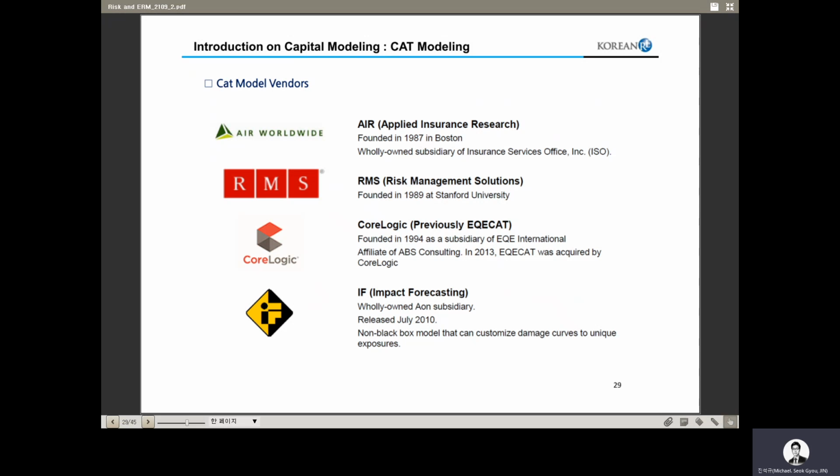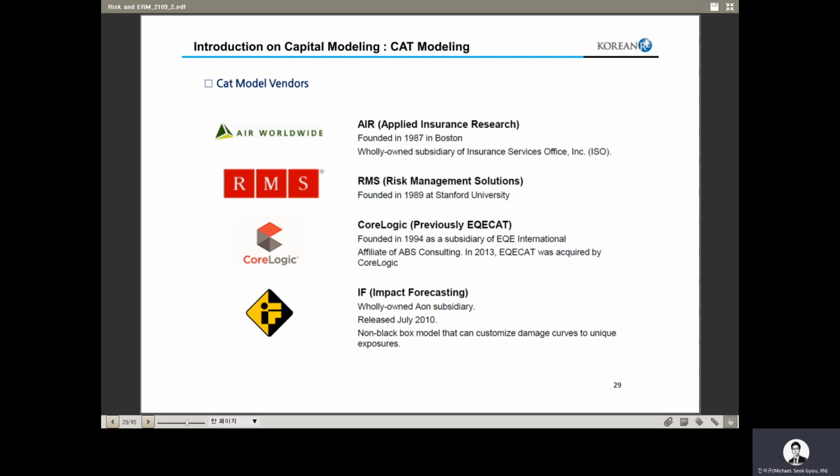And the last one is Impact Forecasting, which we call IF, wholly owned by Aon, one of the biggest global reinsurance broking companies, and released in July 2010. Here are examples of cat modeling vendors.